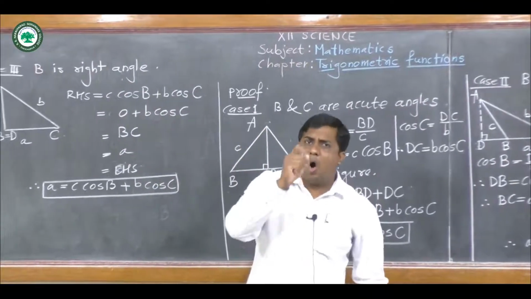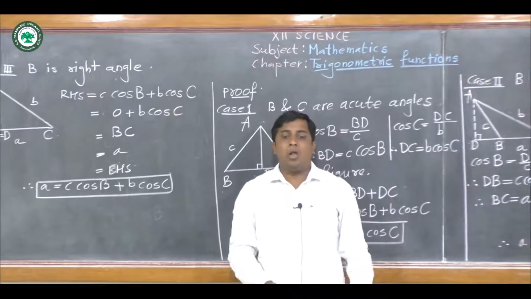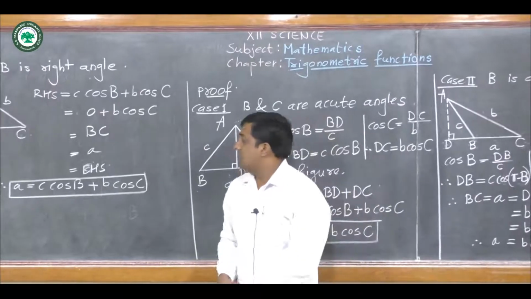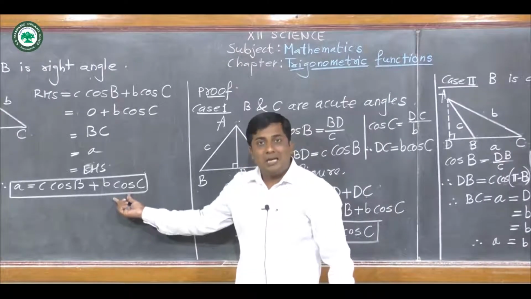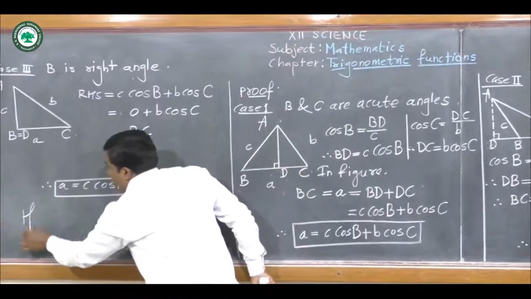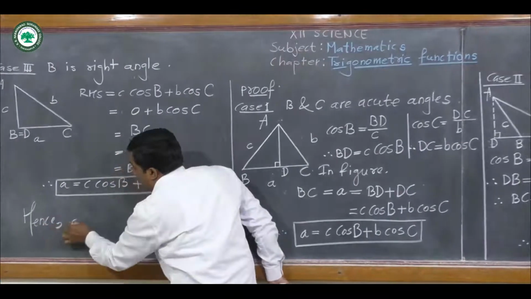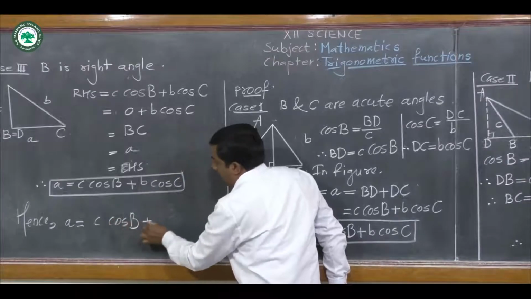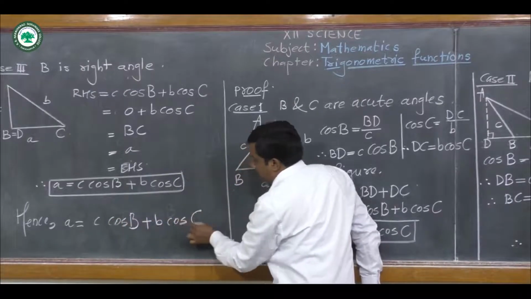So in all the possible cases we prove this relation. Hence we get a is equal to c cos B plus b cos C.